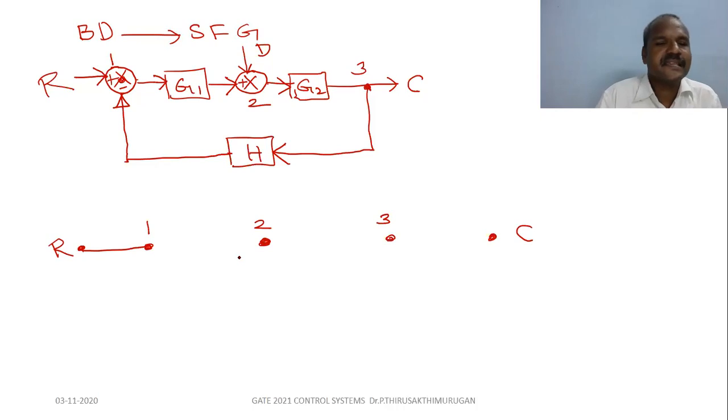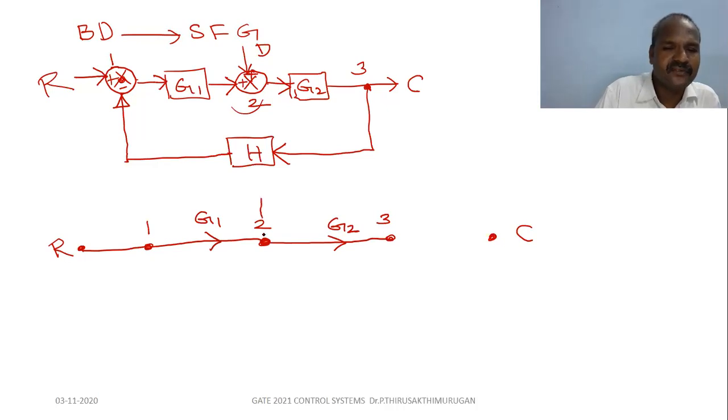Between node 1 and 2 there is a gain G1, represented by a flow. Between 2 and 3 there is a gain G2. At node 2 there is an adder, with another input D, with gain value 1. Between 3 and C the gain value is 1.